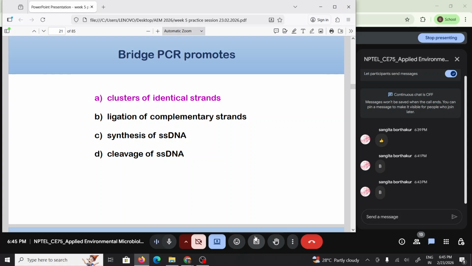The answer here is clusters of identical strands and not ligation. Ligation means joining of two complementary strands, right? So that we are not essentially doing in bridge PCR.